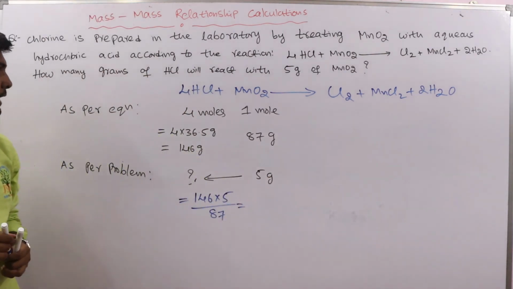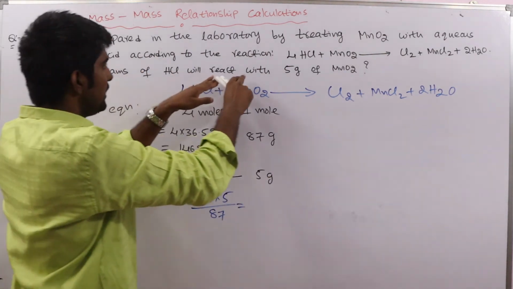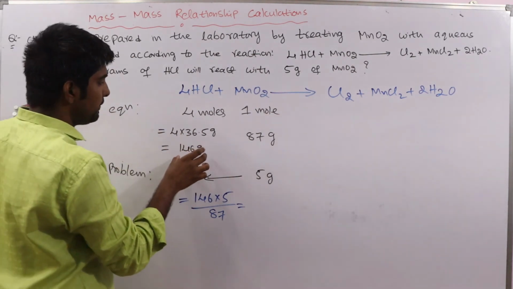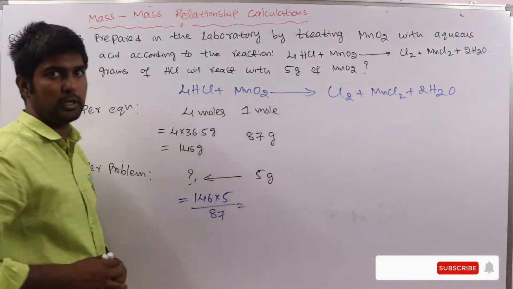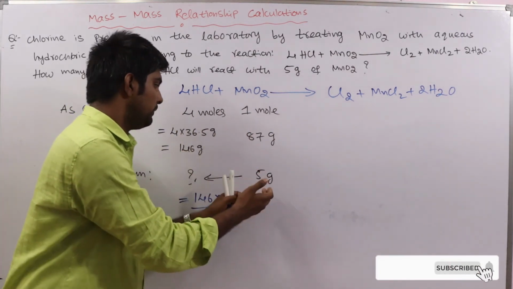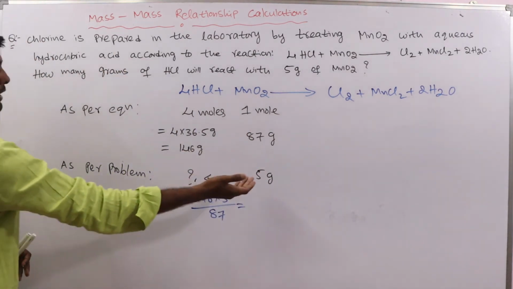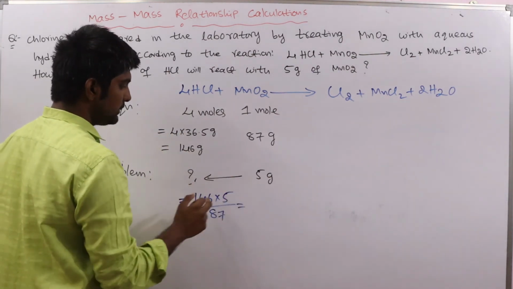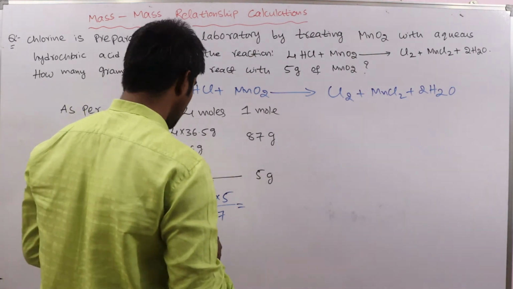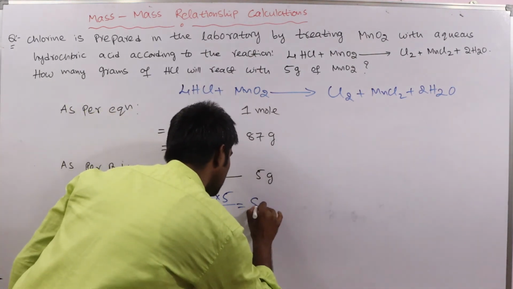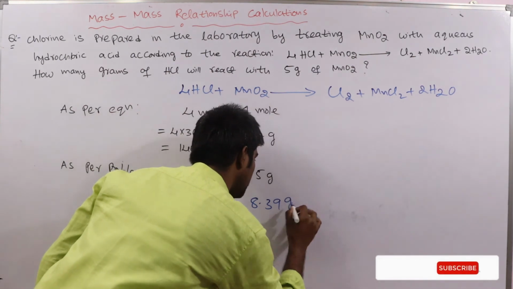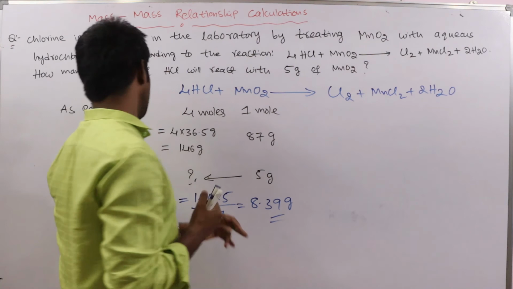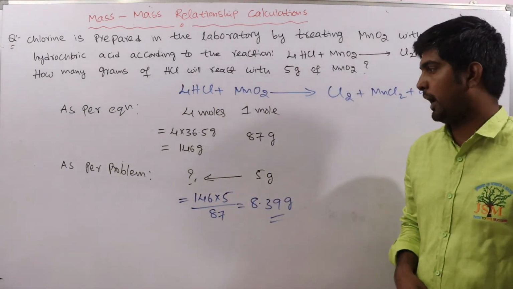According to the equation, 146 grams of HCl react with 87 grams of MnO2, and 5 grams of MnO2 react with how many grams of HCl? So 146 into 5 by 87, after simplification, gives 8.39 grams. So with 5 grams of MnO2, 8.39 grams of HCl will react.